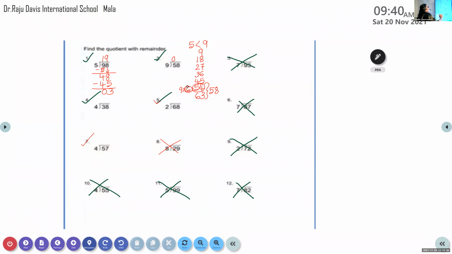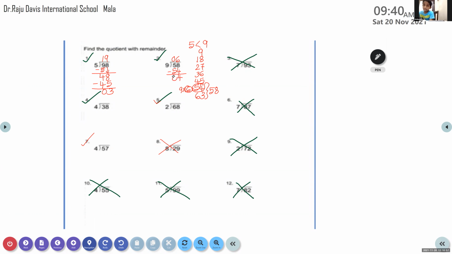So, this middle number, where will it go, Advait? As the quotient. It will go as the quotient on 8 and the product will come down below the dividend. Then you have to subtract. 8 minus 4 is 4. 5 minus 5 is 0.